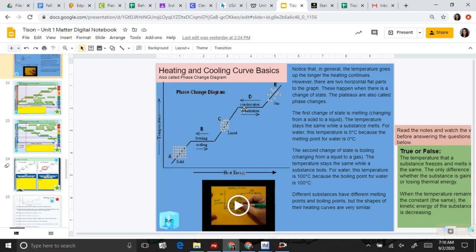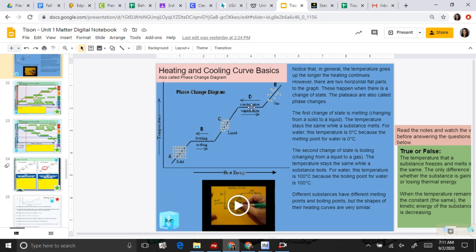So the internal temperature of that water stays 100 degrees until it is completely in the gas phase right here. And then it starts heating up more. And you'll notice this has our highest energy, energy's all the way to the right, and highest temperature. So that's our heating curve. So 0 degrees and 100 degrees are the melting point and the vaporization point in our heating curves.